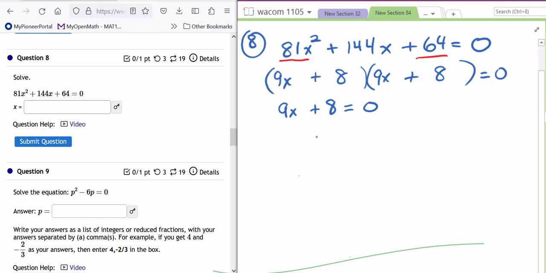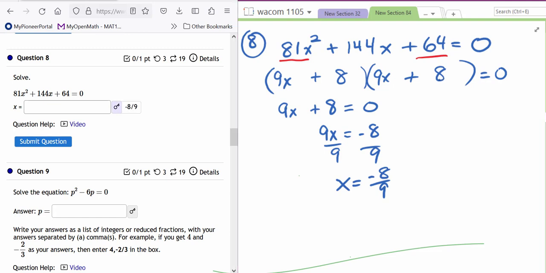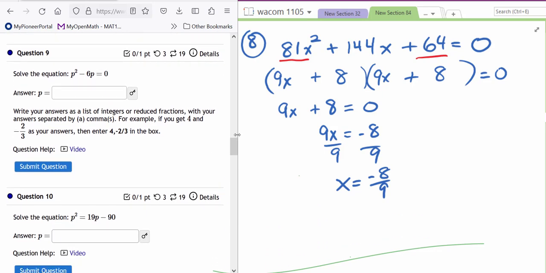All right, so you're going to subtract your 8 and divide by 9. So x equals negative 8/9. This one gives you the same thing, so there's no reason to have to do it, and you just put the answer one time. So that is your instance where you would get only one answer.